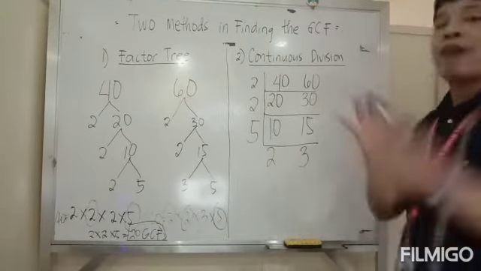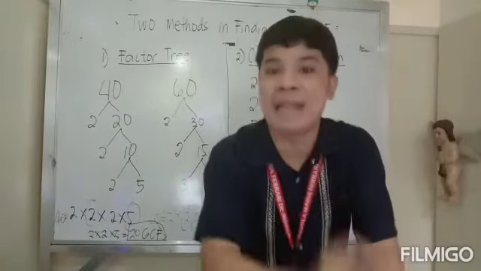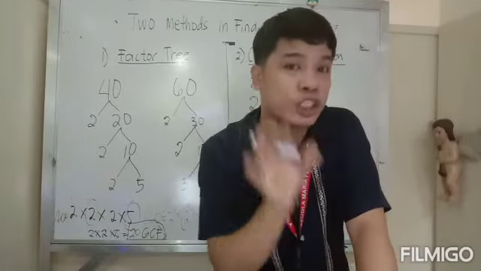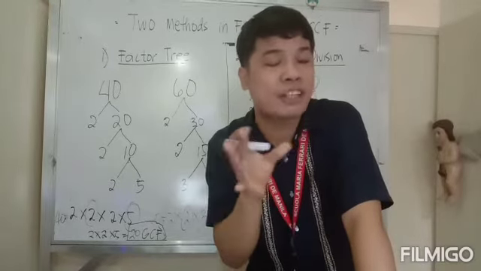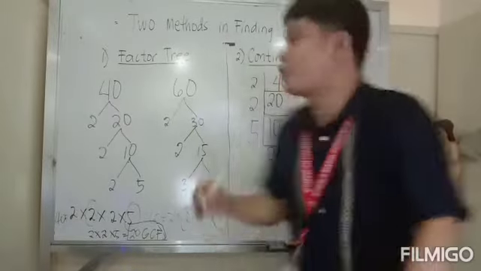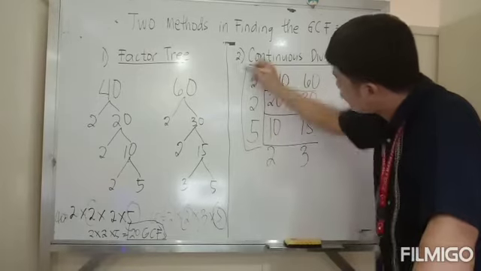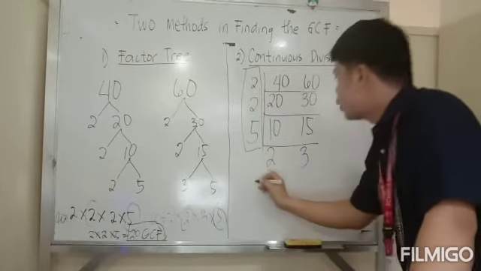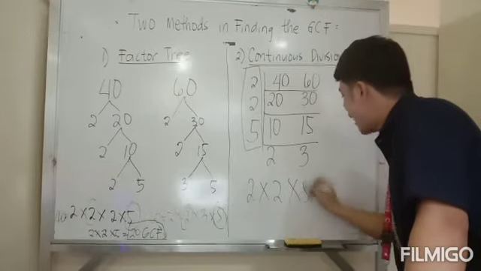After that, we're going to multiply all the common prime factors of these two numbers, 40 and 60, to get the GCF. So these are the common prime factors of 40 and 60: 2 times 2 times 5.